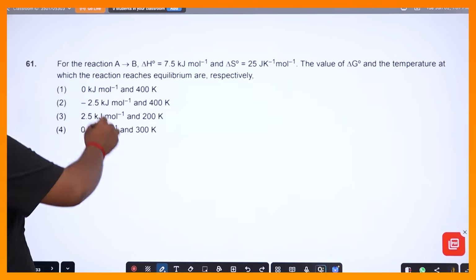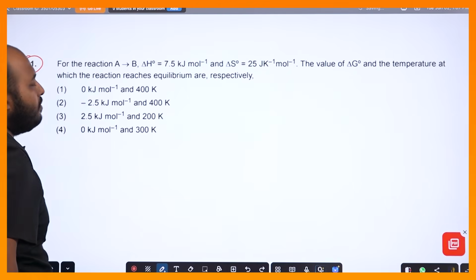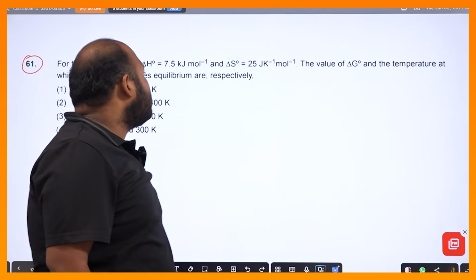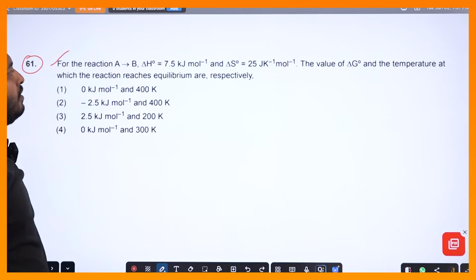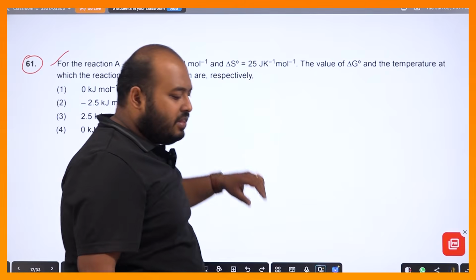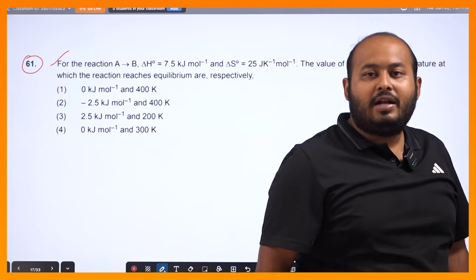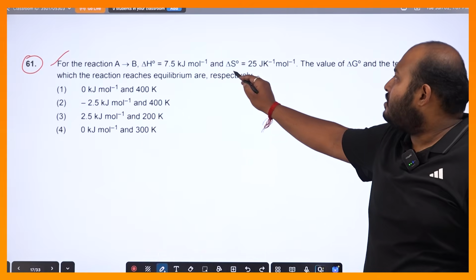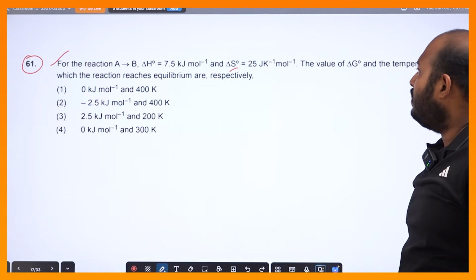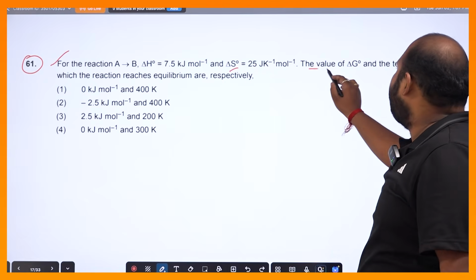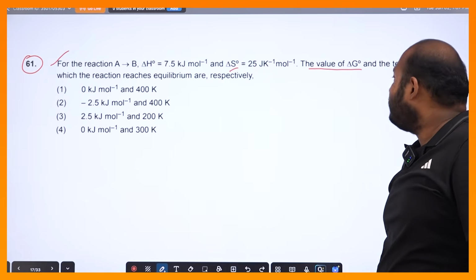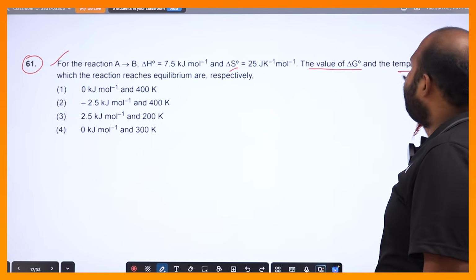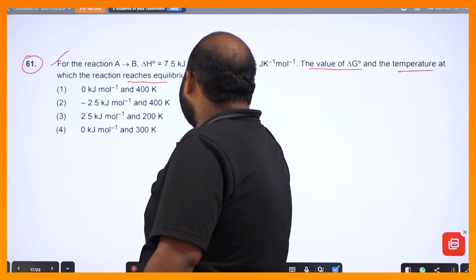Okay. So our next question of discussion will be question number 61. This is a question from the thermodynamics portion. It has given the value of del H naught and del S naught, and it is asking for the value of del G naught and the temperature at which the reaction reaches equilibrium.